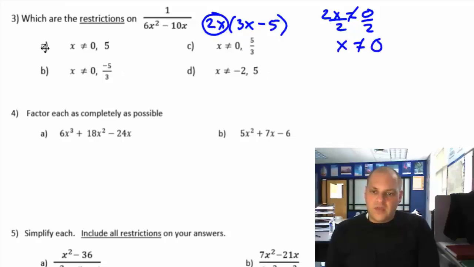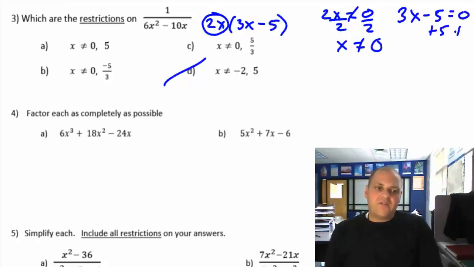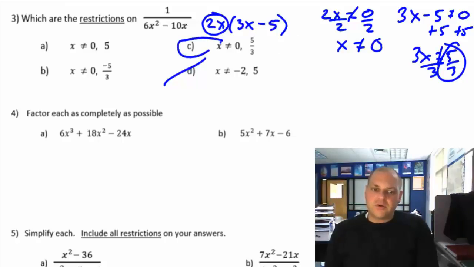So it's either A, B, or C. It can't be D. And 3x minus 5. So 3x minus 5 equals 0. Add 5. Divide by 3. So you get 5/3. X can't be 5/3. X can't be 0. That's choice C.